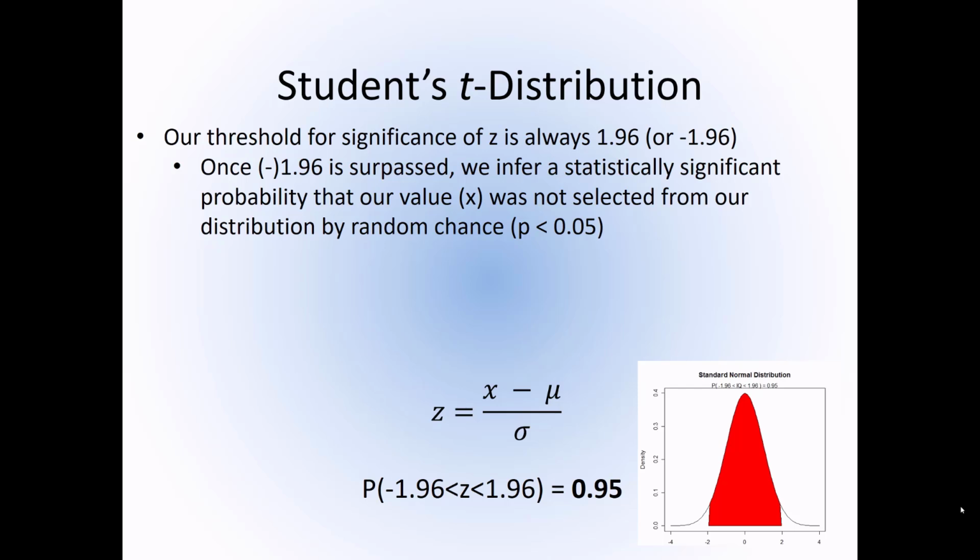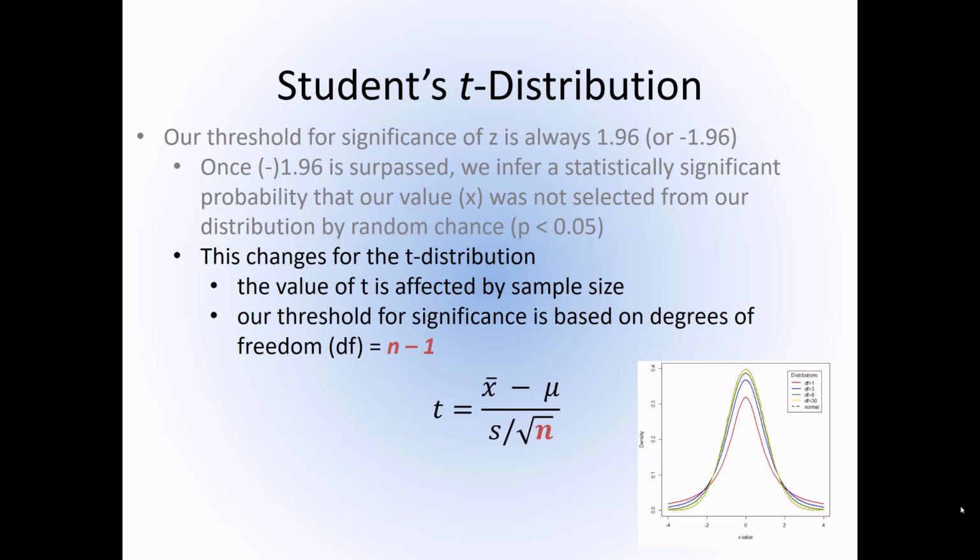And those thresholds are negative 1.96 and 1.96. For the t-distribution, there's no standard threshold. The threshold is going to change based on our sampling distribution, which is going to be influenced by our sample size. We're going to talk about this.